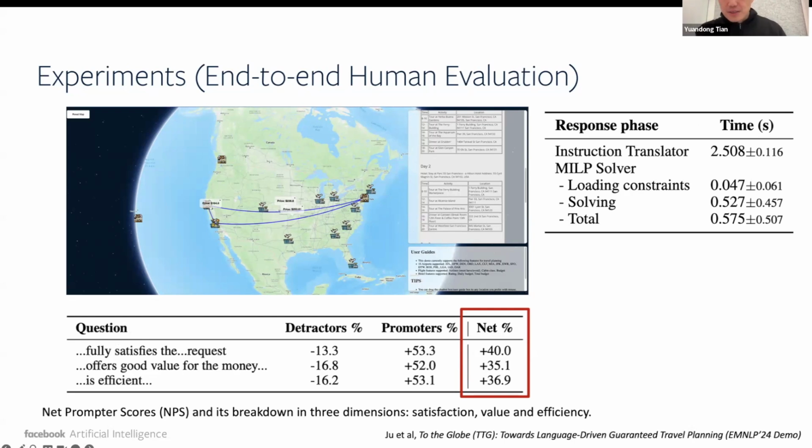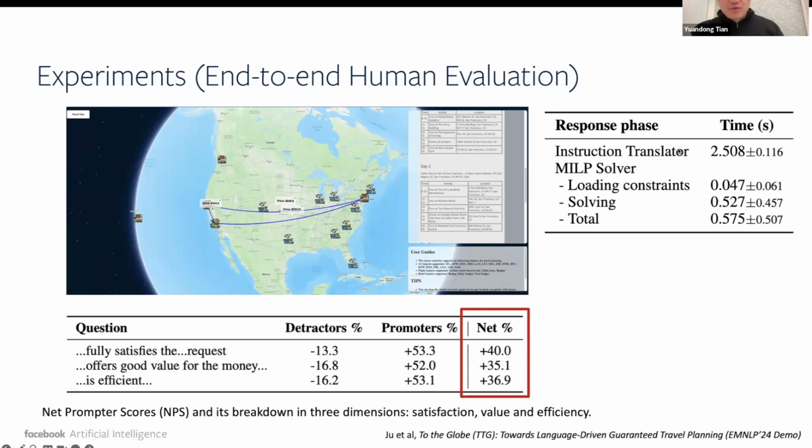On the other hand, the demo itself is pretty quick and fast. You can see the breakdown of the time and the performance is really good. It recovers 80 or 90% of the constraints, and at the same time the speed is very close to real time.